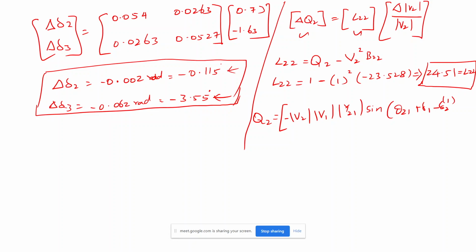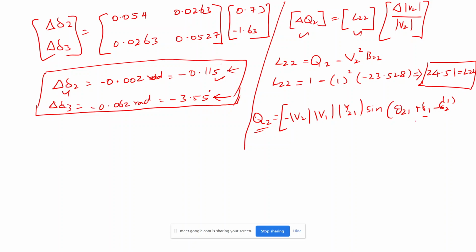Here this del 2 is updated one, because we already find out the del 2, right? We should not write the assumption value. Because of that, this Q2 is updated. Here we need to put the updated value, not the old one. This del 1 is already specified, so I don't want to update anything, but this del 2 we already got the value of minus 0.11. You need to be very careful here.